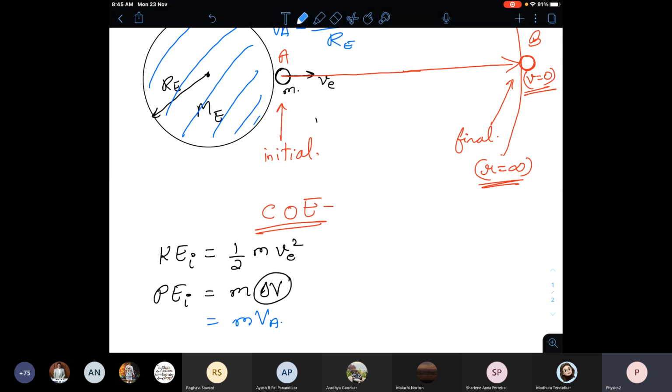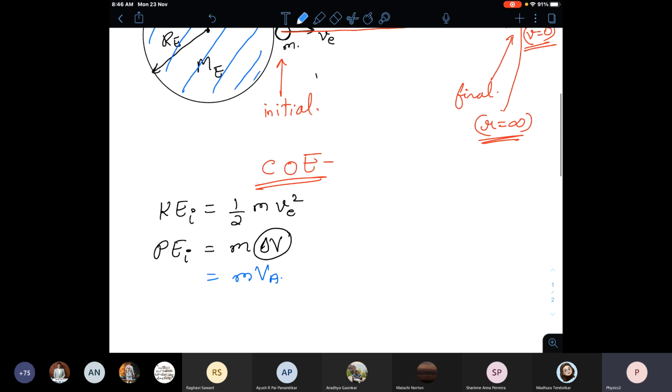If you multiply the potential of the point with the mass, it converts into potential energy. You must have done the gravitational potential just before this. So the initial potential energy can be written as m into minus GM_E by R_E. This will be the initial potential energy of your small m mass.